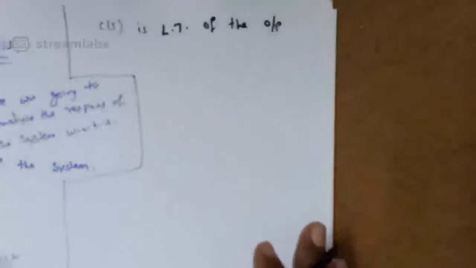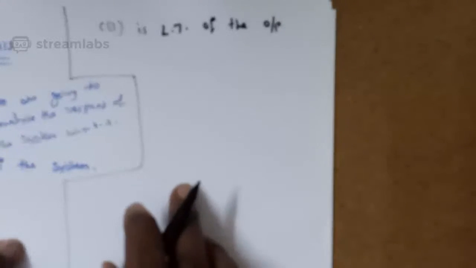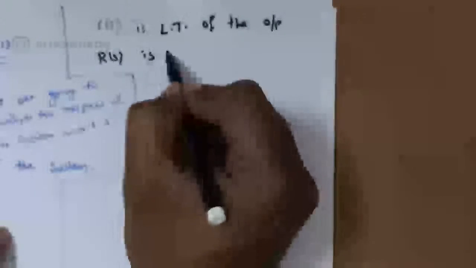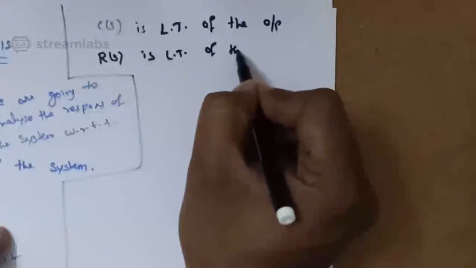This is the Laplace transform. So C of s is the Laplace transform of the output of the system, and R of s is the Laplace transform of the input.